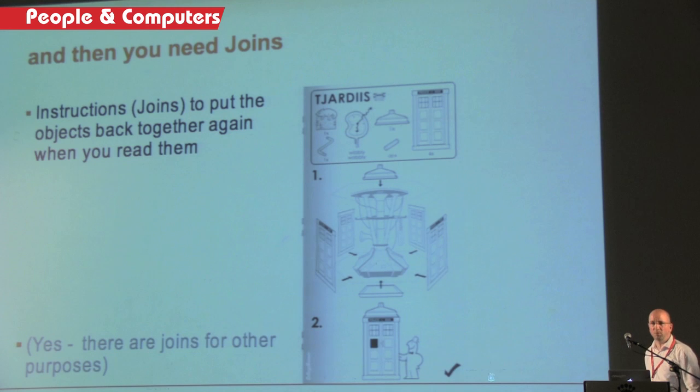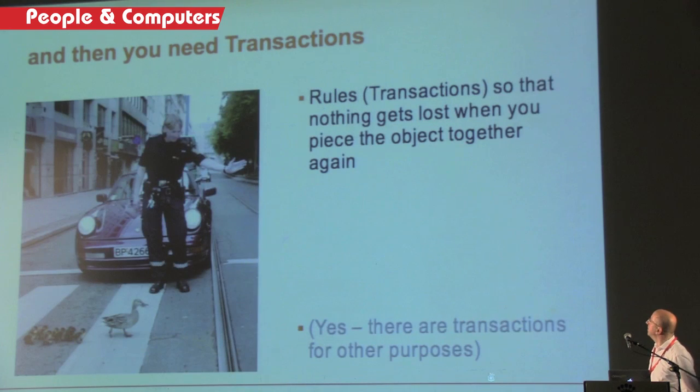I'm willing to bet on that. You also need transactions, and transactions basically are a way to make certain that nothing gets lost when you distribute the objects or put them back again. And likewise, there are transactions for other purposes, but most of them will be that.